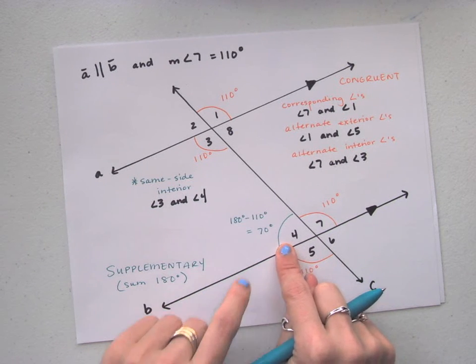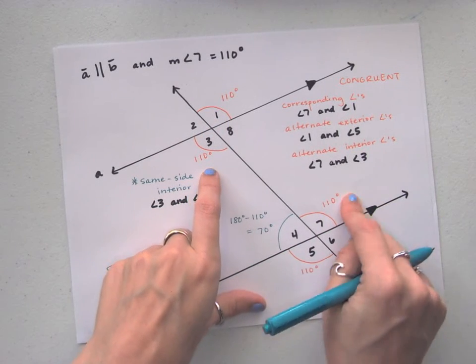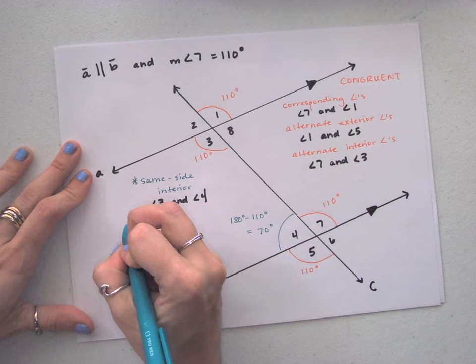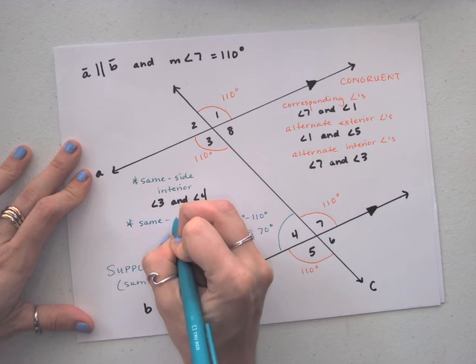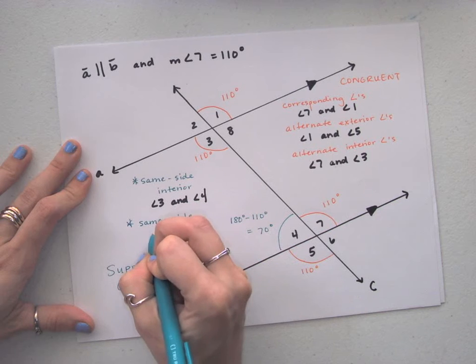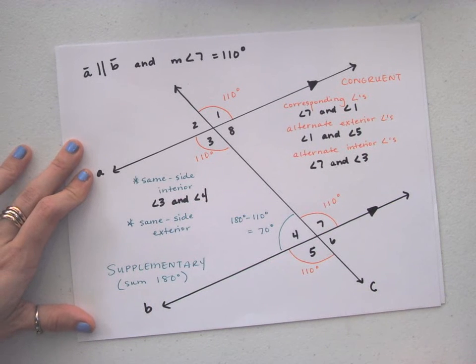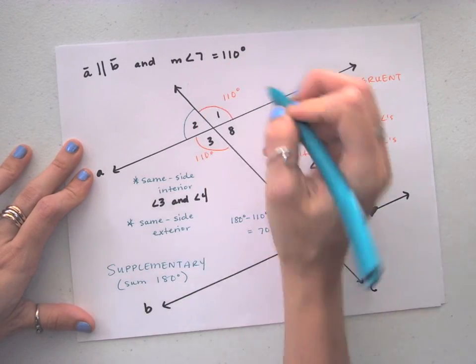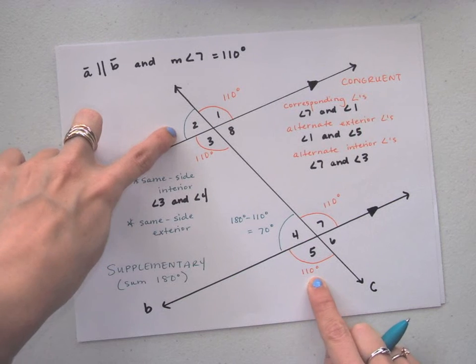So now we know angle 1, 3, 4, 5, and 7. Next, maybe we want to use same side exterior. So our same side exterior angles, let's say we want to figure out angle 2 next. So angle 2 and angle 5 are same side exterior angles.